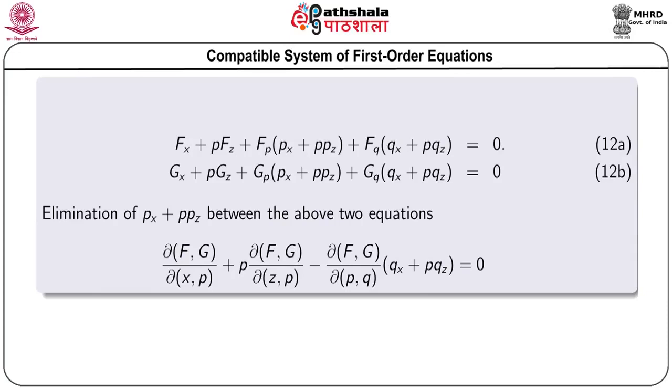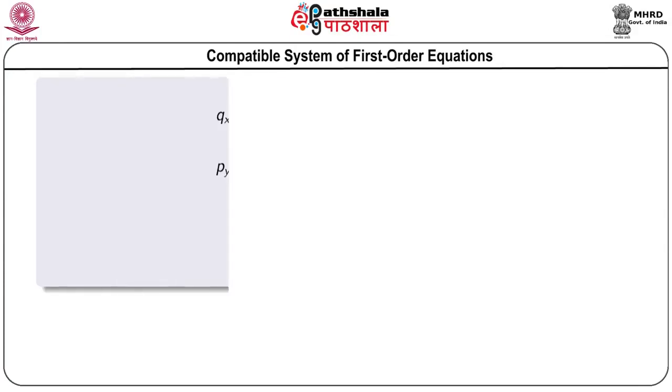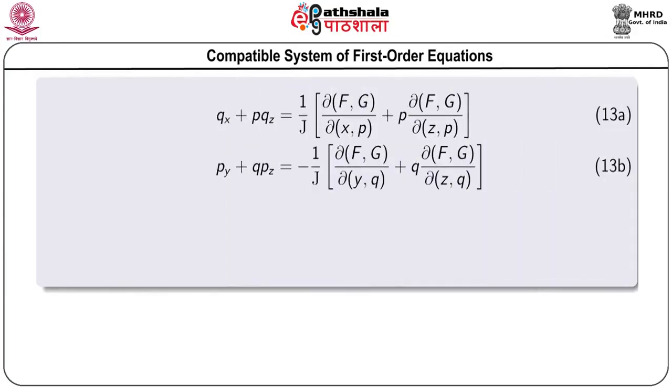From this equation, one can find the value of Qx plus P Qz, which is written in 15a. So, the value of Qx plus P Qz is 1 by J, del (F,G) del (X,p) plus P del (F,G) del (Z,p). Here J is the Jacobian of the functions capital F, capital G with respect to the variables P and Q.